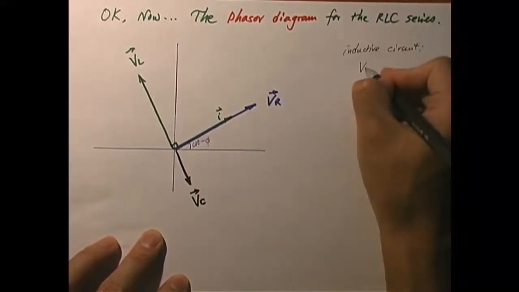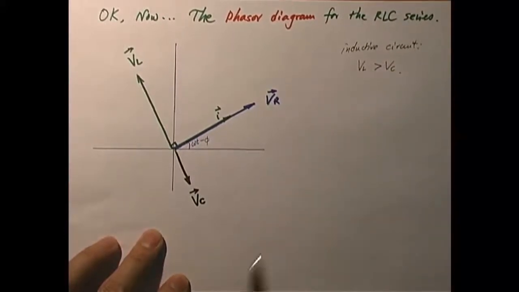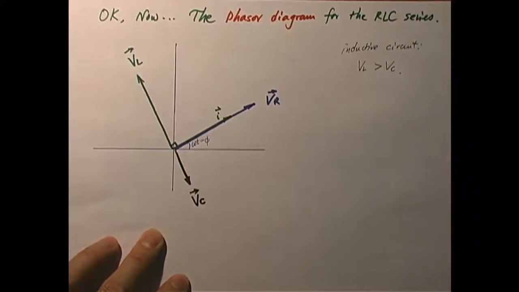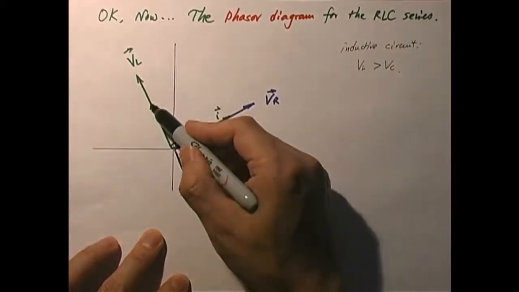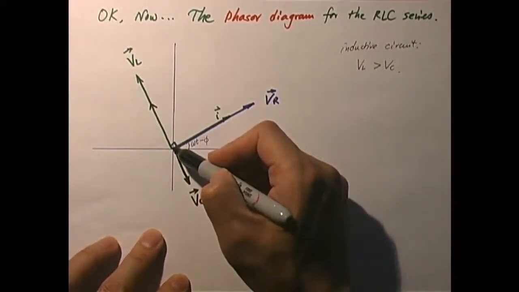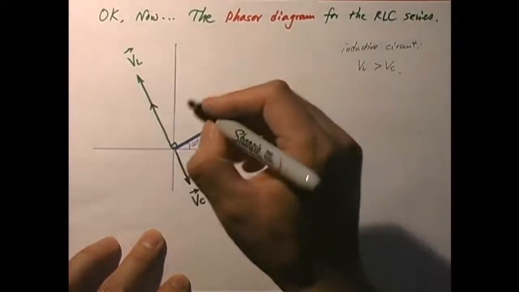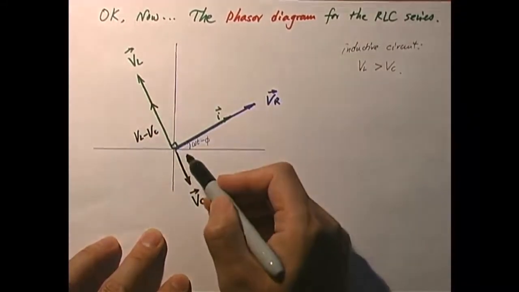This happens if the amplitude of VL is greater than the amplitude of VC. When you add these two vectors, you get a resultant vector going that way, with a magnitude of VL minus VC.